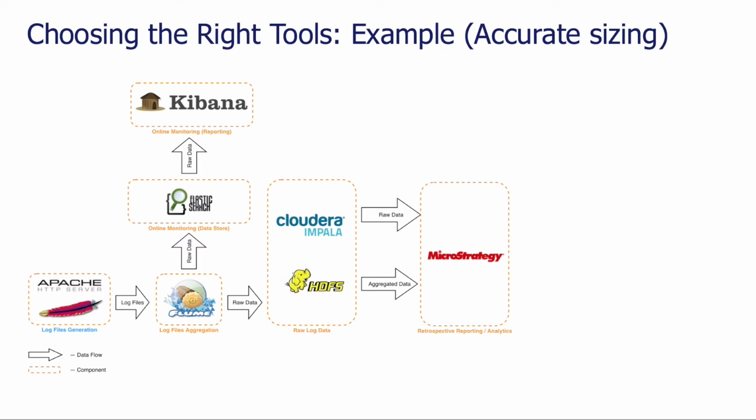This means that you need to have a sufficient number of Flume servers to accommodate all the data coming from the Apache web servers. And at the same time, you need to ensure that your Cloudera HDFS is fast enough to accept this data. And the same applies to Elasticsearch and so on and so forth. So we really need to ensure that all of the tools you pick are compatible and that they can work together at a sufficient level of throughput.